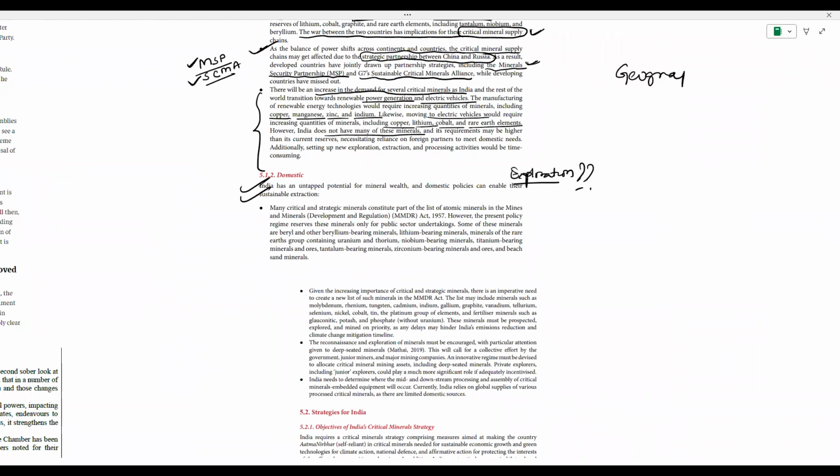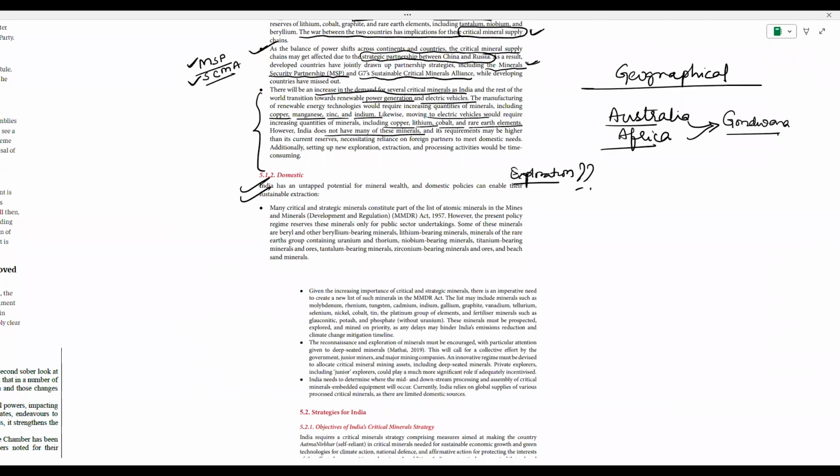If you see which countries are rich in these critical minerals: Australia, then Africa. Australia and Africa are part of which land? Gondwana.